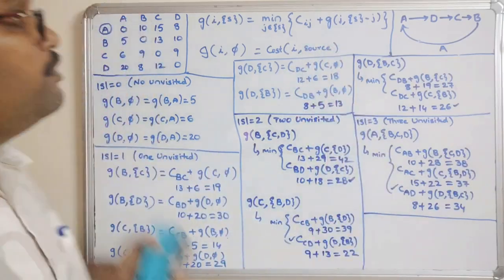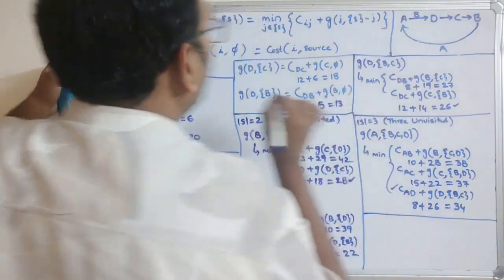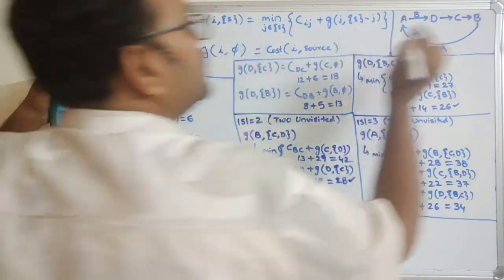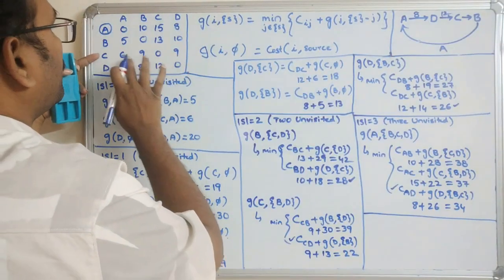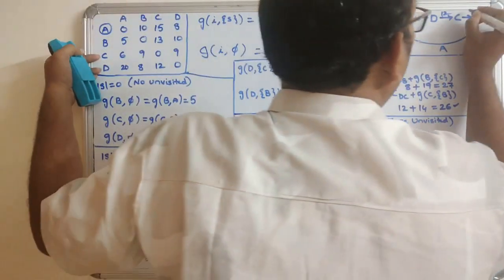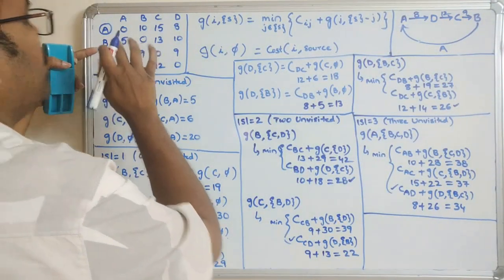Now we'll see A to D, it is 8. D to C, it is 12. C to B, it's 9. And B to A, it is 5.